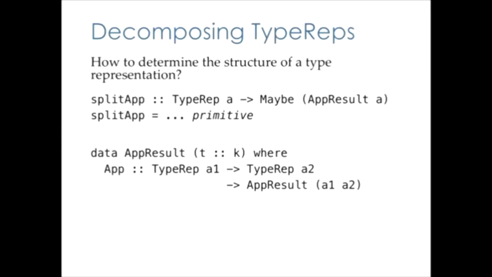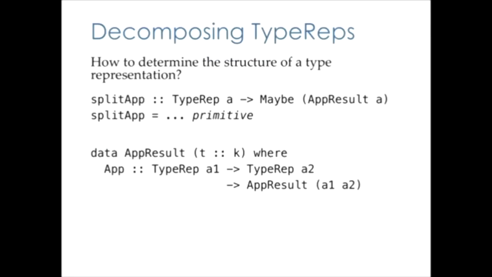So every type that we can represent, they all look the same, right? They're either just a primitive type like int, or there's some primitive type applied to arguments, like arrow applied to int and int, or pair applied to char and char. And so what SplitApp is going to let us do is tell us whether we have a primitive type or we have an application.